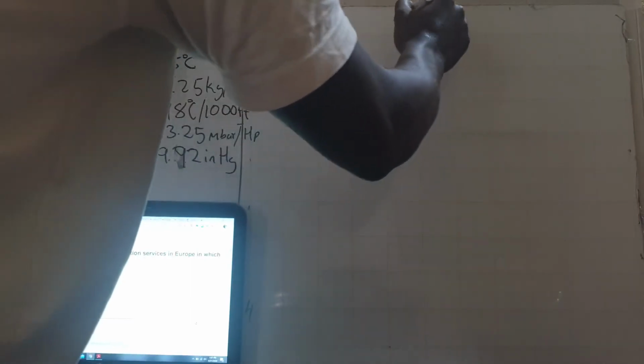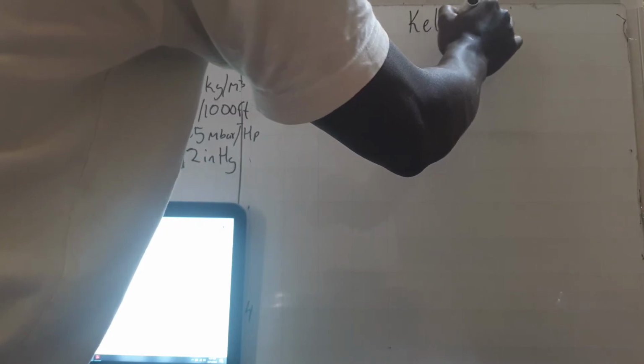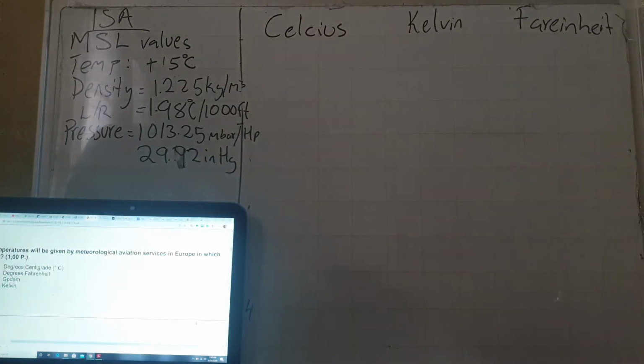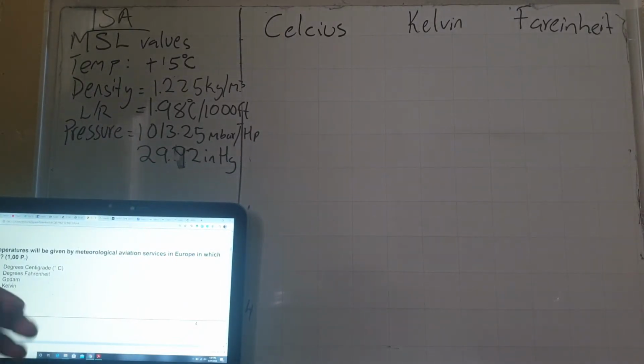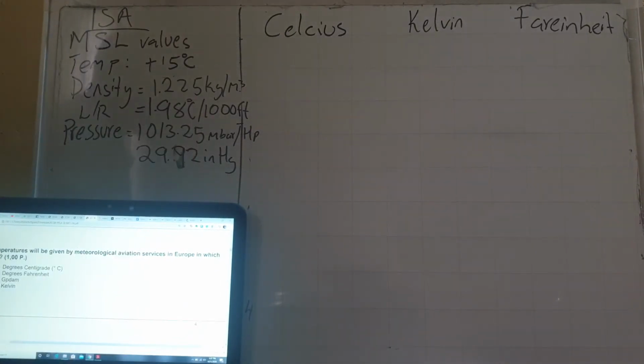So you have Celsius, you have Kelvin, and we have Fahrenheit. I think you have had a question before asking you to convert Celsius to Fahrenheit, or Kelvin to Fahrenheit, or Celsius to Kelvin.